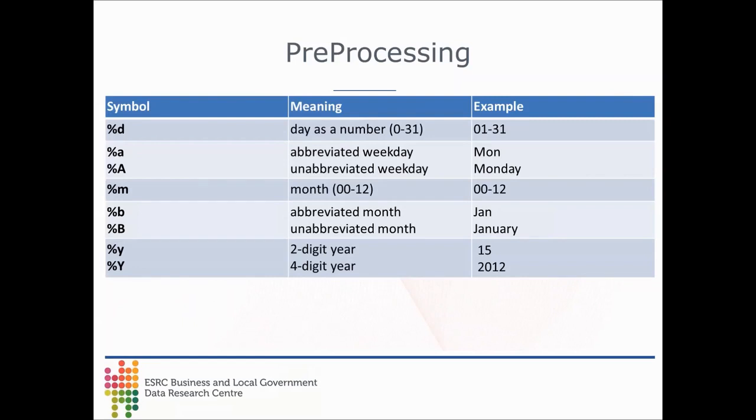Now, within pre-processing, within dates, these are the variables that I can use within the format of the date structure to get either a 4-digit year, 2-digit year, whether I want a full month or an abbreviated month, and also use 2-digit numbers for the day of the month.